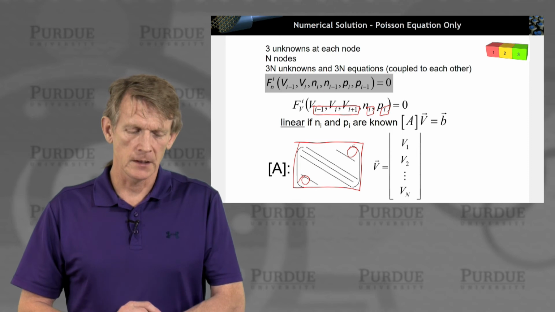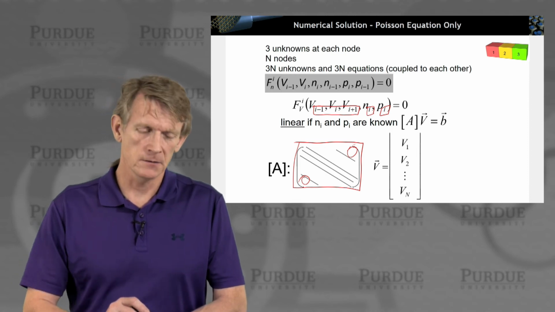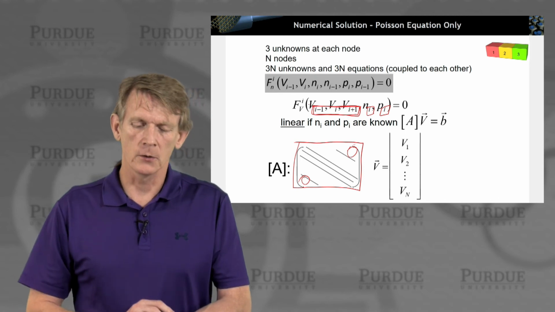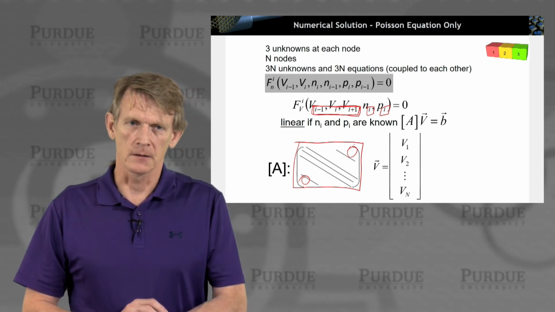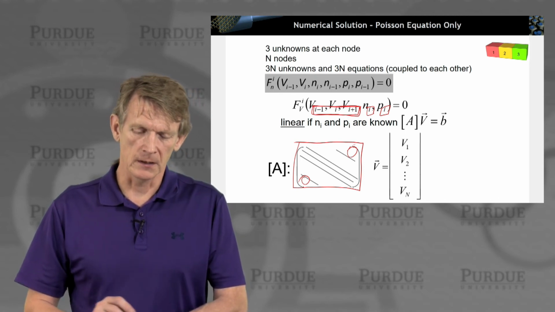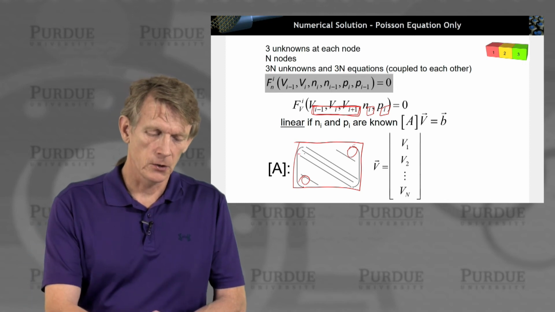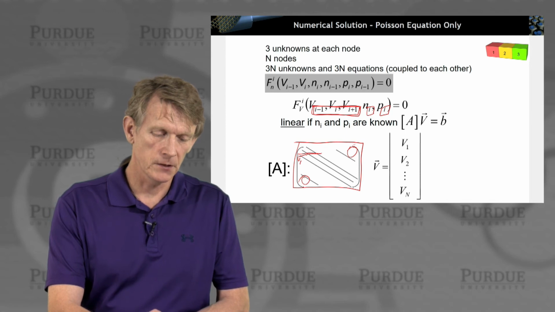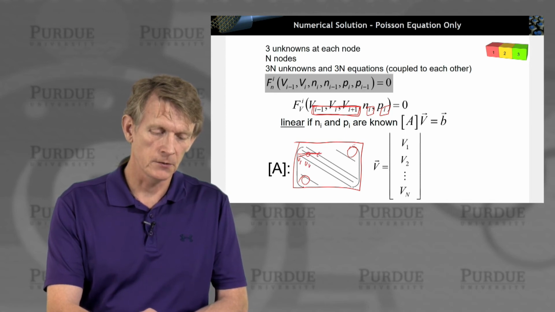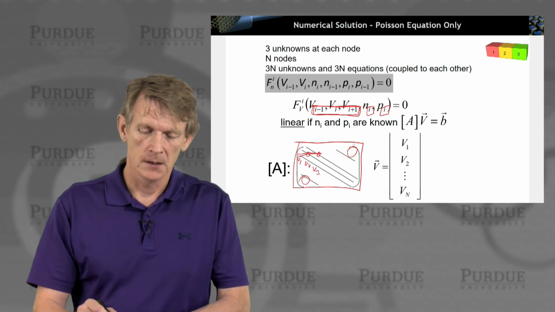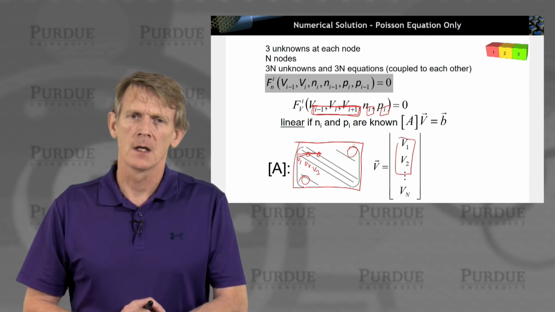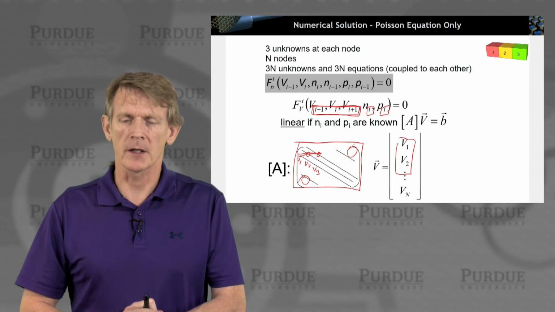Tridiagonal because each neighboring node is related to each other. So if you want to be explicit, on the second row, V1 must relate to V2, must relate to V3. And as you multiply this out, this must be a tridiagonal matrix. All right, so that kind of makes sense, I hope.